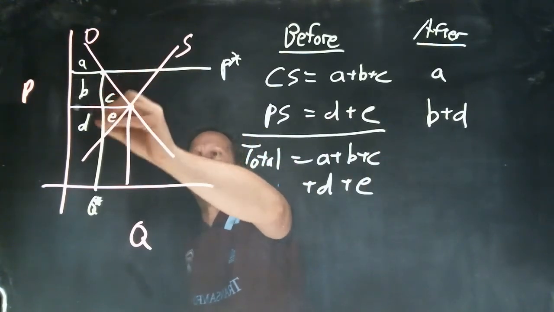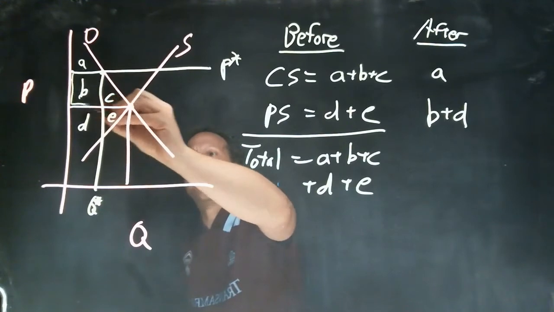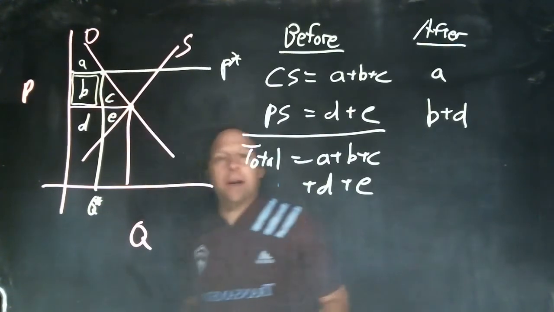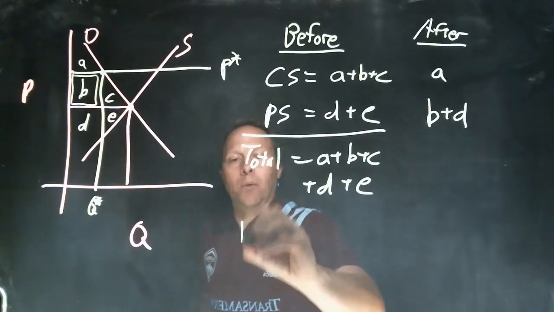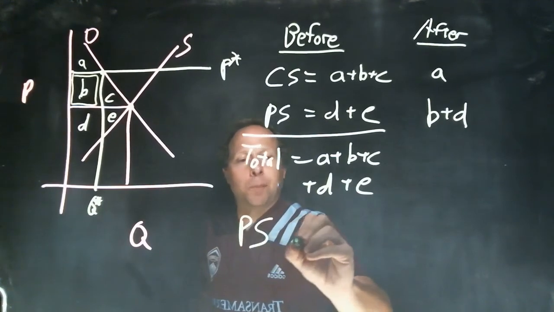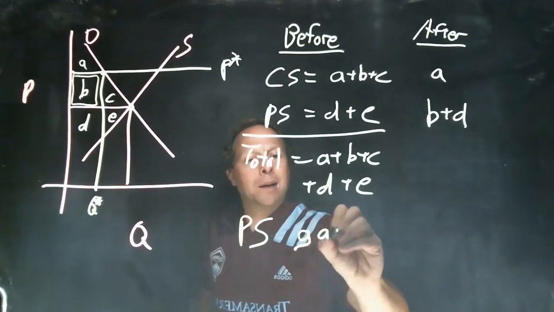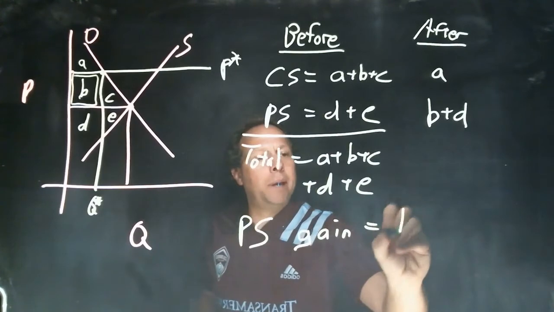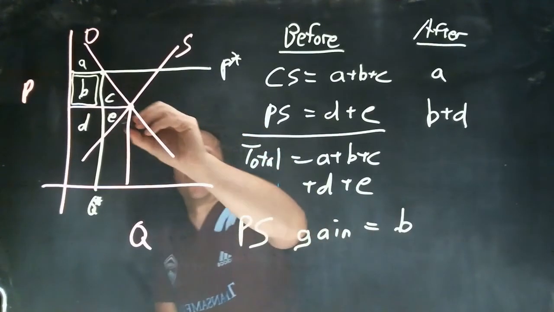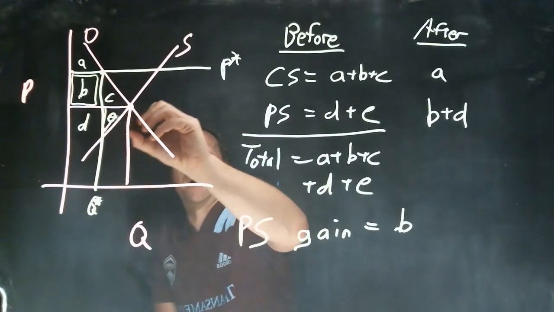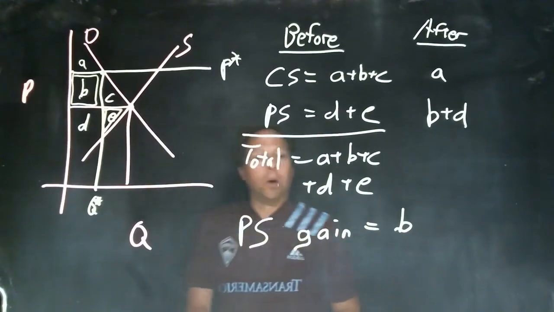Those people who are able to keep their jobs get more money. So that area B represents a producer surplus gain equal to B. But there's also people here who used to be employed who no longer are.